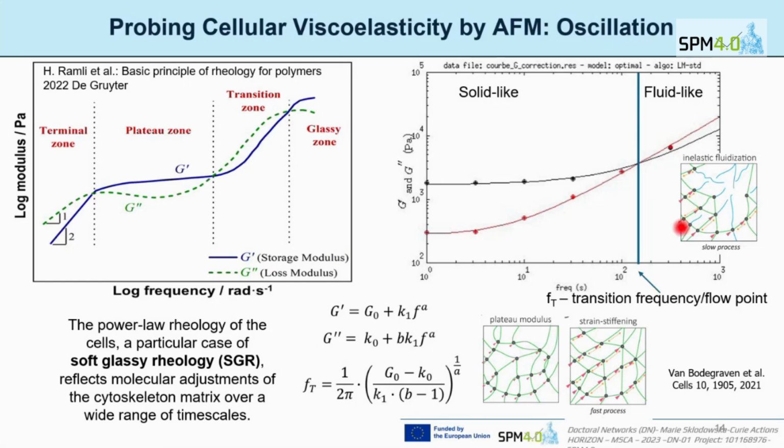So if we come back to the cell, which we can imagine as a polymer network, under certain loads we force the rearrangement of the cytoskeleton elements, not only actin, but also intermediate filaments and tubulin. And that's why we observed that after that, for high frequencies, the cells start to behave like a fluid-like material.